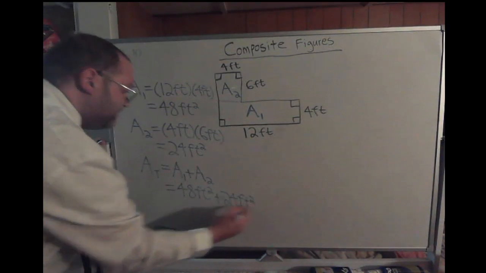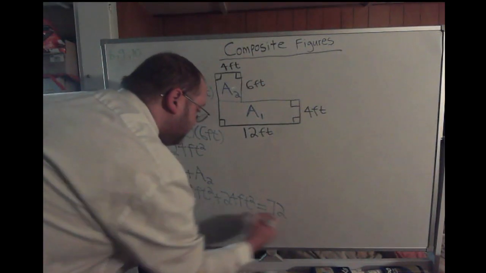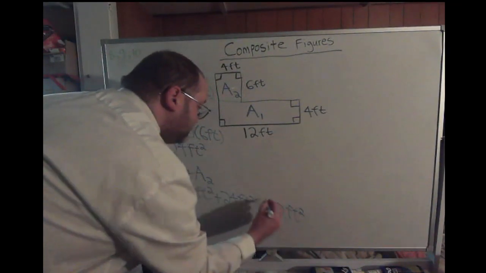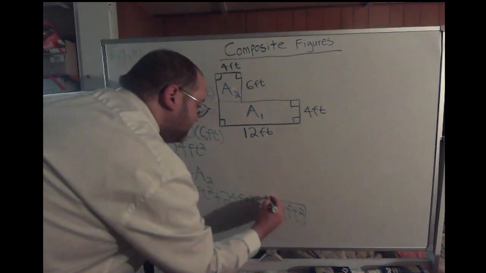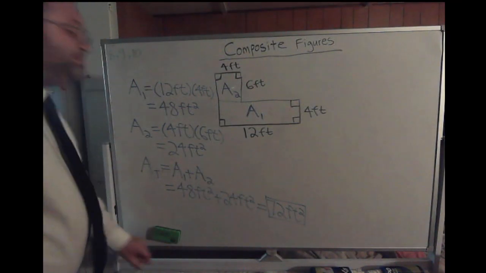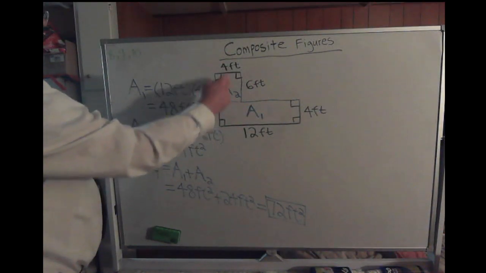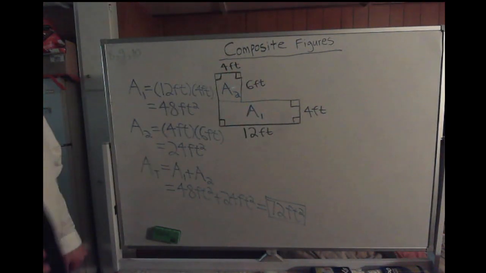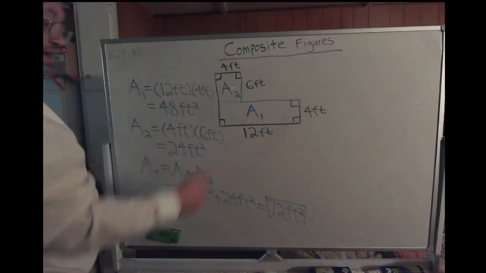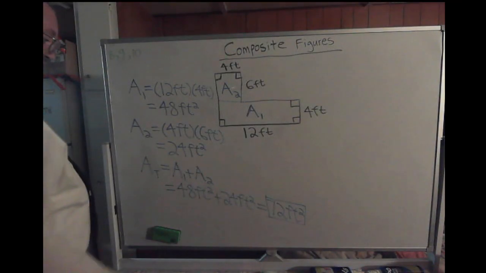Well, 48 plus 24, that's 72 feet squared. Well, it still stays feet squared. So the total area of this composite figure is 72 square feet. I did that by drawing an imaginary line here at this edge and separating out these two rectangles. And then I took the area of the two rectangles separately, and then I just add them together. I got an area of 72 square feet.